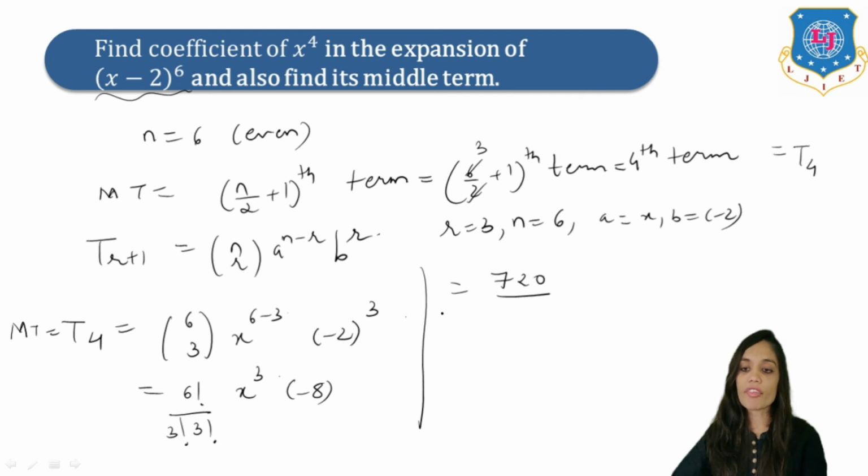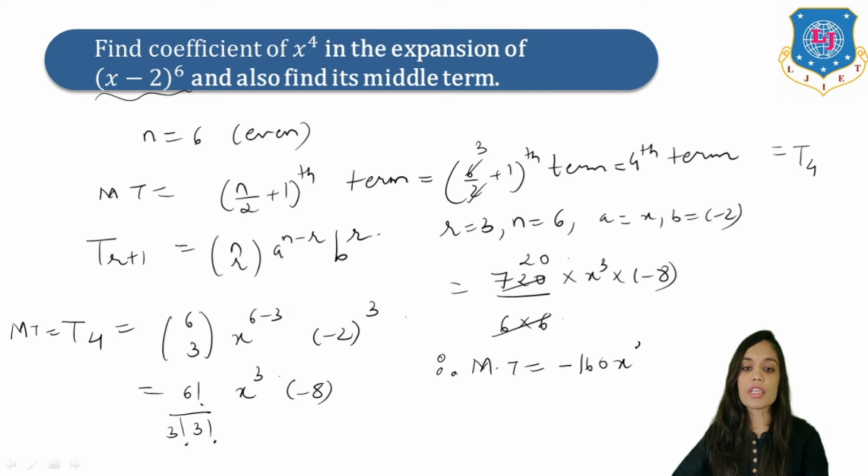So the answer will be 720. The value of 3 factorial will be 6, again 3 factorial value will be 6, and we will have x cubed into −8. Now if I cancel this out, right? It will be 20 that will come. Fine. So now finally multiply this. The value of the middle term will finally be −160 x cubed.